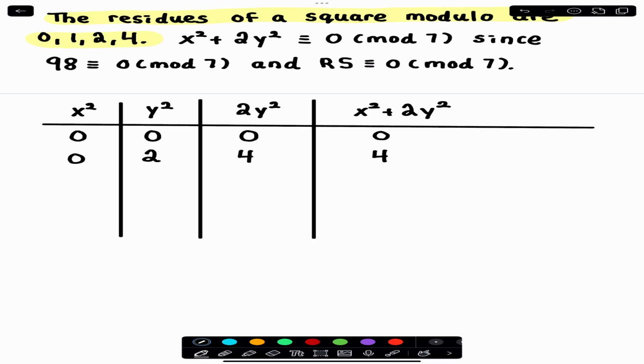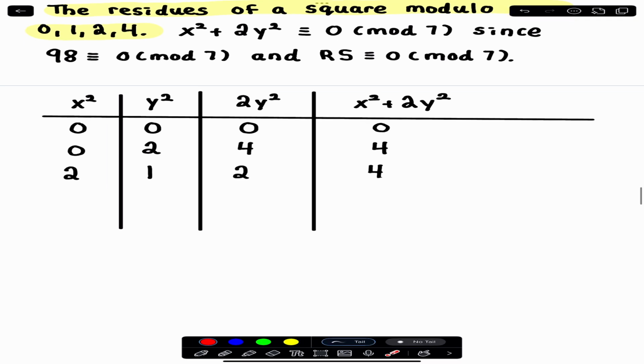So you can keep playing around with this. Say x squared was congruent to 2 mod 7 and y squared was congruent to 1 mod 7. Well then 2y squared is congruent to 2, and once again that is 4 mod 7. That is not what we want.